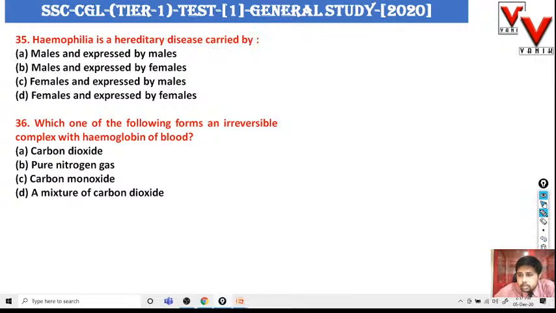Question number 36. Which one of the following forms an irreversible complex with hemoglobin of blood? It is carbon monoxide. Carbon monoxide forms an irreversible complex with hemoglobin of blood.